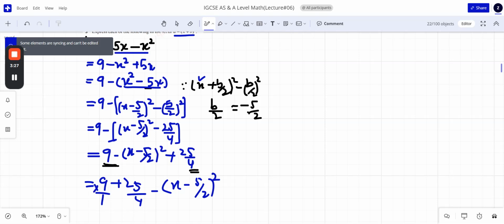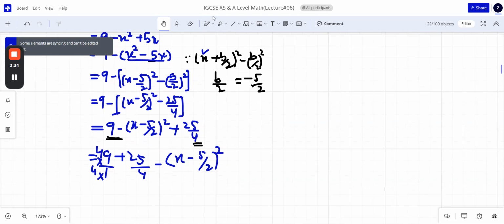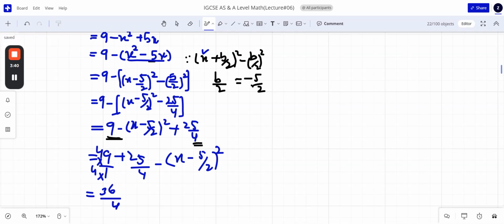We will multiply by 4 and divide by 4 to make the same denominators. Now it would be 9 times 4 is 36 divided by 4, then plus 25 divided by 4, minus x minus 5 by 2 whole square.